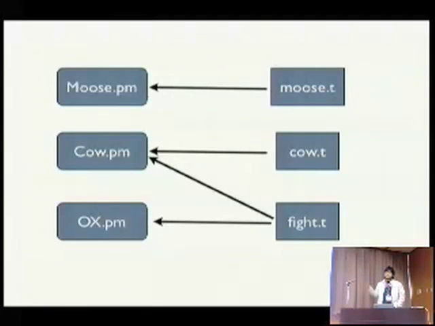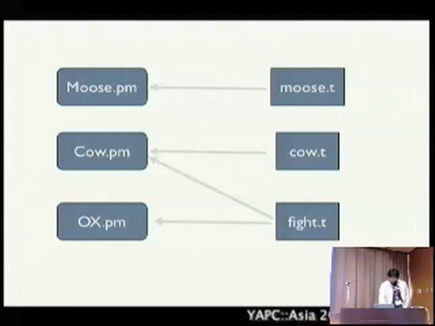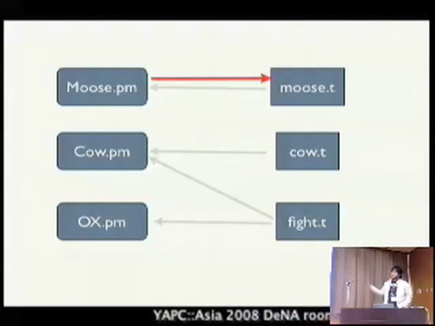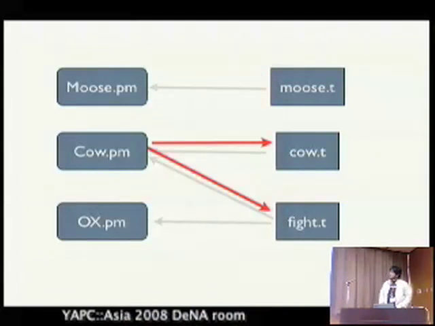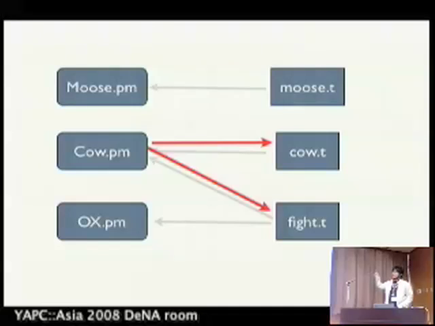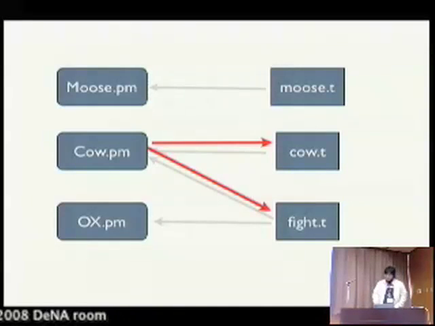If I can figure out this relationship, then when I edit moose.pm, I just rerun one test file, and if I modify cow.pm, because it's used by two test files, I only have to rerun two of them.